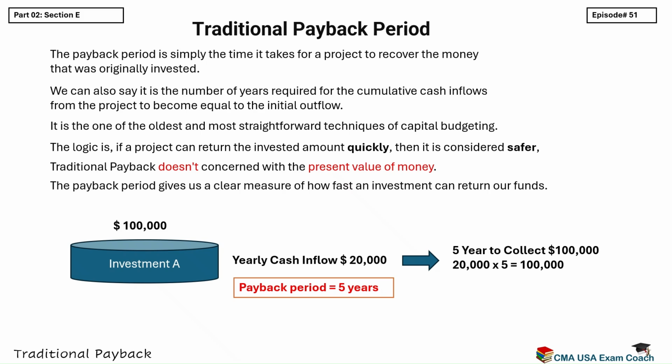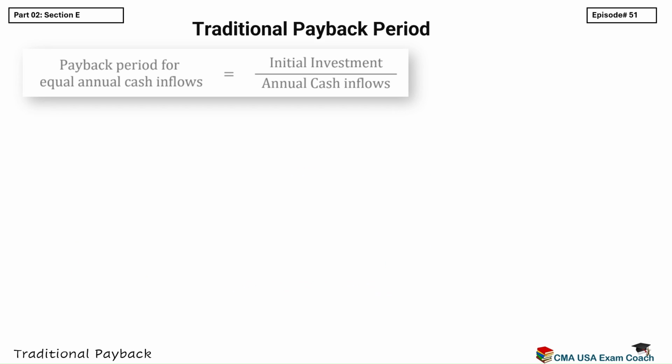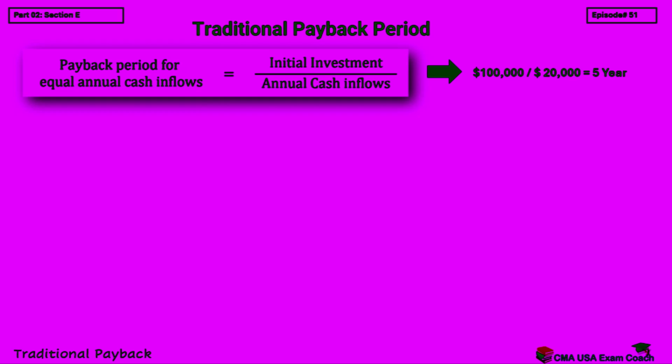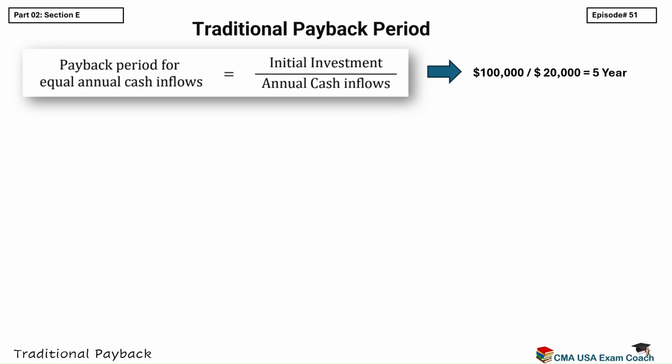This simple example shows how the traditional payback method works. It only tells us how long it takes to recover the original money invested, without considering the extra inflows or the time value of money. From the simple example we just discussed, we can also derive the formula for calculating the payback period when the project generates equal annual cash inflows. The formula is very straightforward. Payback period equals initial investment divided by annual cash inflows.